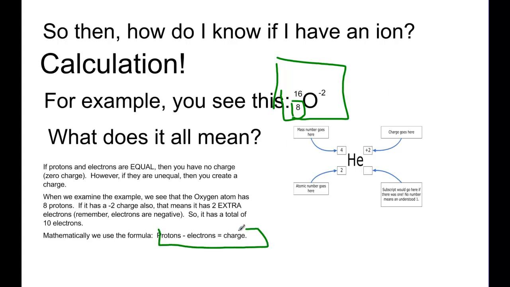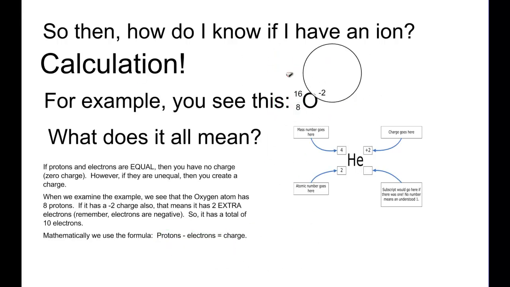We know that we have 8 protons, we do not know how many electrons we have, and we have a -2 charge. So 8 minus x equals -2, where x equals 10.